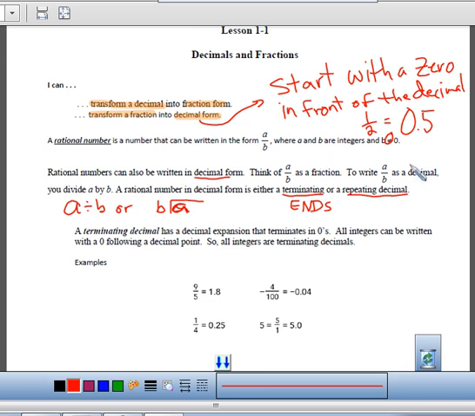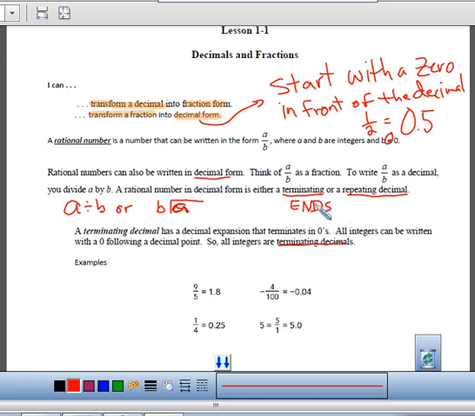Repeating means we have a repeating pattern, like 0.3333 repeating. A terminating decimal has a decimal expansion that terminates in zeros. In other words, we get to a point where the only thing that would come after it is zeros. All integers can be written with a 0 following a decimal point. So all integers are terminating decimals.